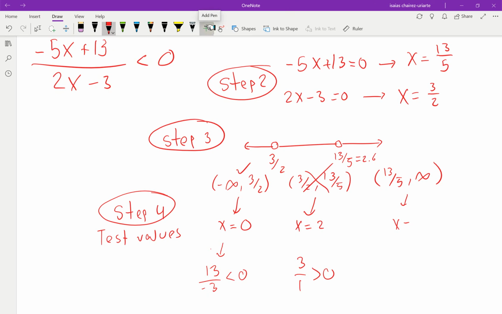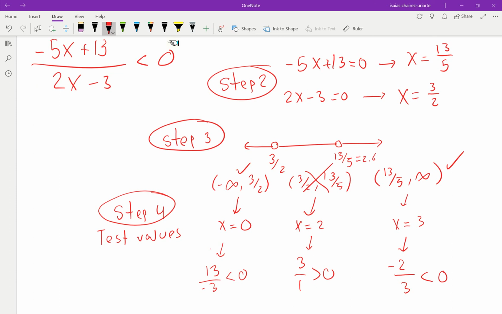And if x is equal to 3, and I plug it into my inequality up here, I'm going to have negative 15 plus 13, that's negative 2, over 6 minus 3, that's 3. That's less than 0, so that's good.